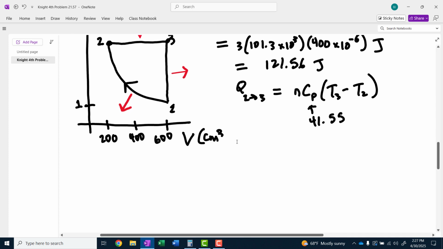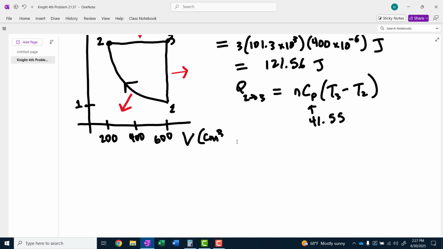Okay, I'm going to do this on the calculator. The number of moles from before was 0.0244. I multiply by 41.55. And then the temperature change, remember we calculated this, from 300 kelvins up to 900. So that's a temperature change of 600 kelvins.